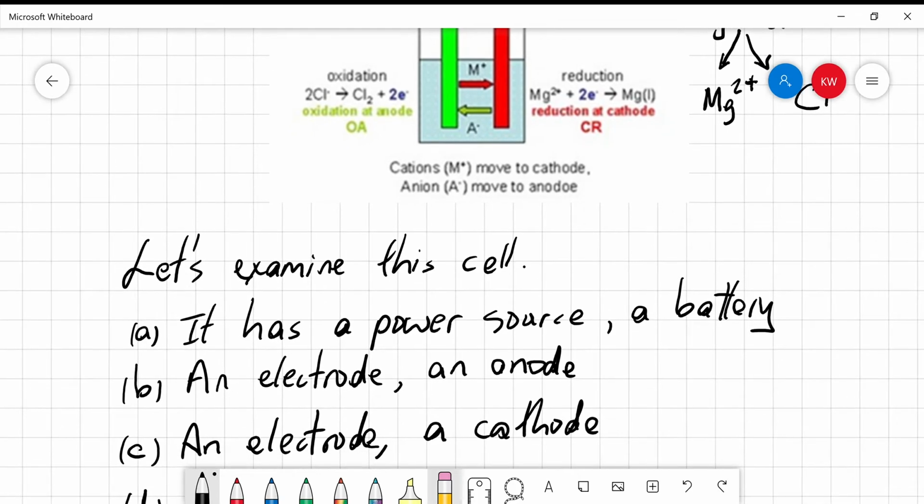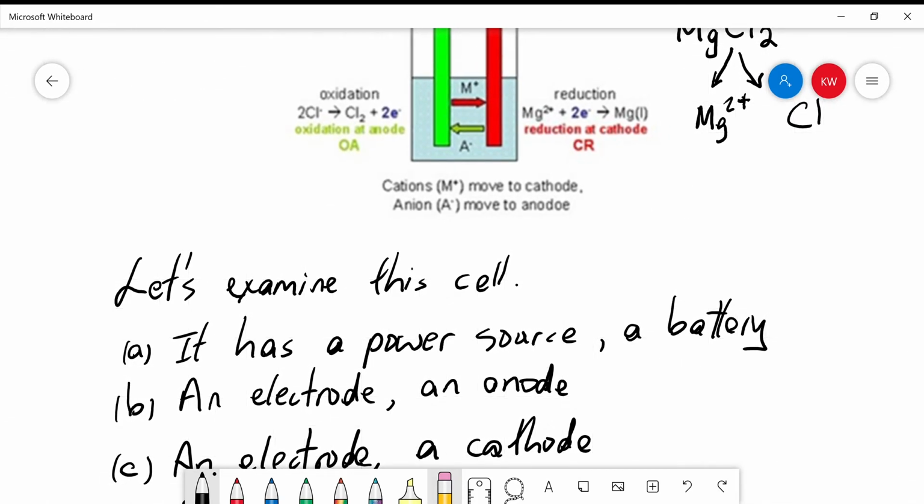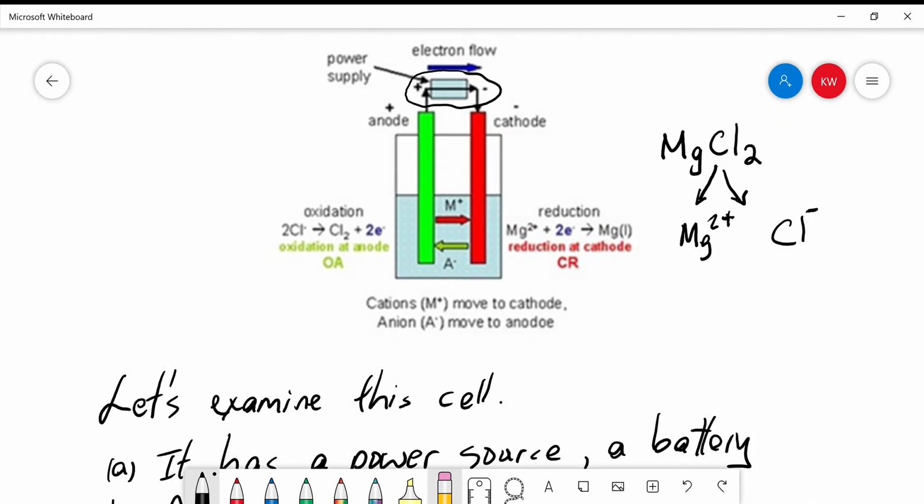We also have electrodes. We have two electrodes actually, an anode and a cathode. At the anode, we have oxidation, and at the cathode, we have reduction. Remember, before we defined oxidation and reduction in terms of electrons.